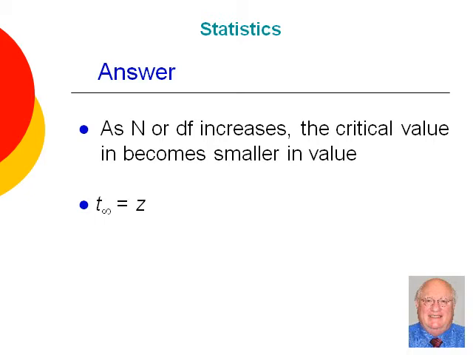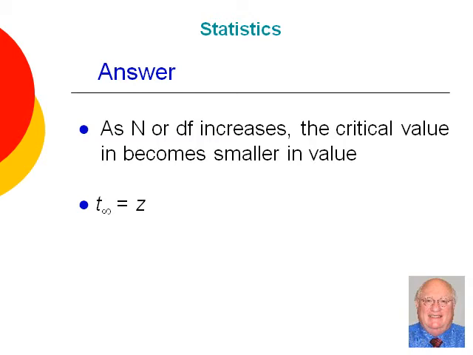Perhaps the easiest way to see this is to look now at the t-table in your text. First, you need to locate the column of the table that presents the results for a two-tailed test when alpha is equal to 0.05. From the table, you should be able to see that the critical value we would use if we had 10 degrees of freedom is plus or minus 2.228.